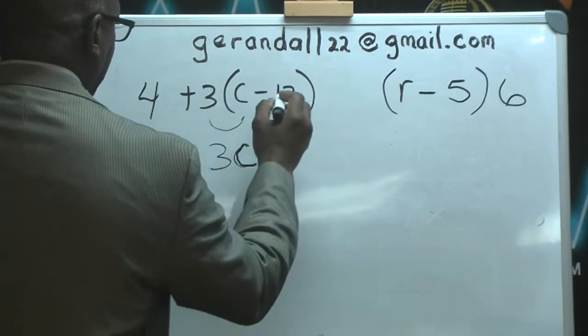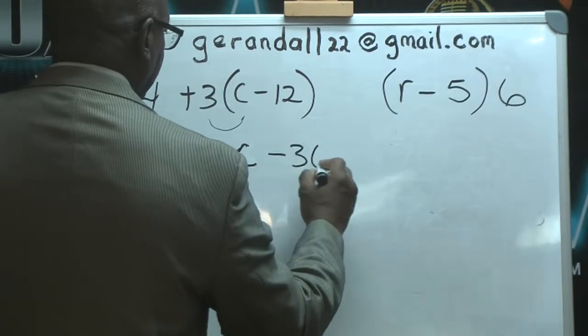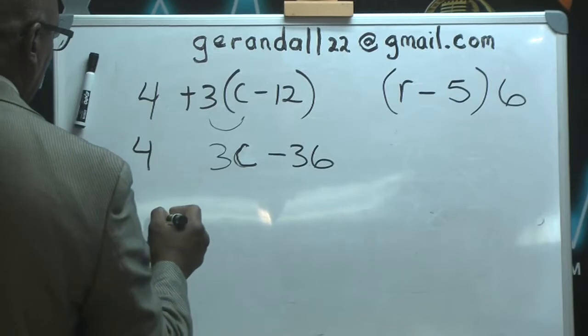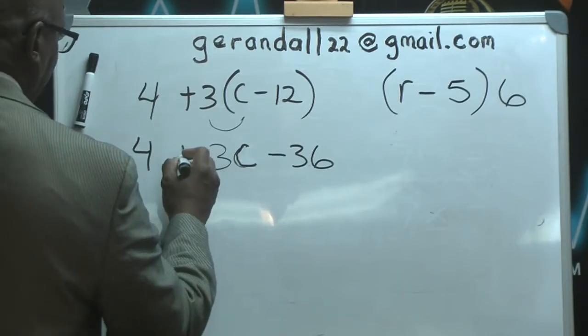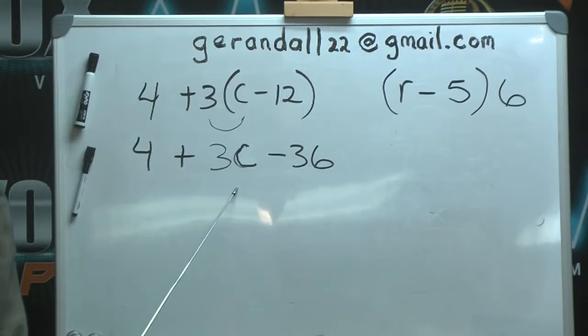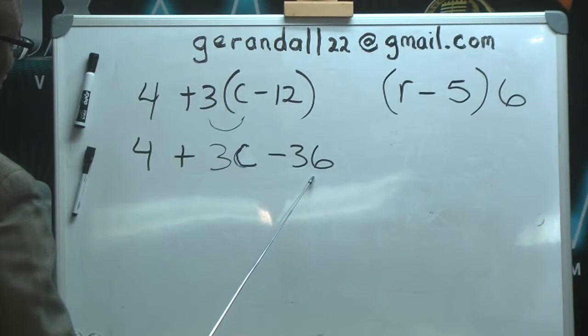And 3 times a negative 12 is a negative 36. Now over here, we bring down our 4, and now we have 4 plus 3C subtract a negative 36.